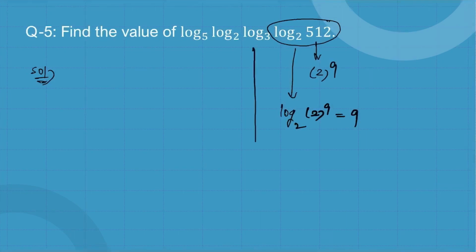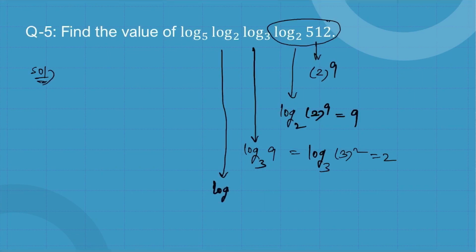Now next we are taking log base 3 of this whole result, which is 9, and this can be written as log base 3 of 3 squared, so it will be equal to 2. Then when it is equal to 2, now we take log base 2 of 2, and the logarithm of a number with the same base will be equal to 1.